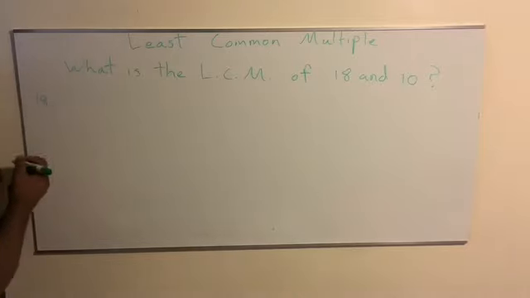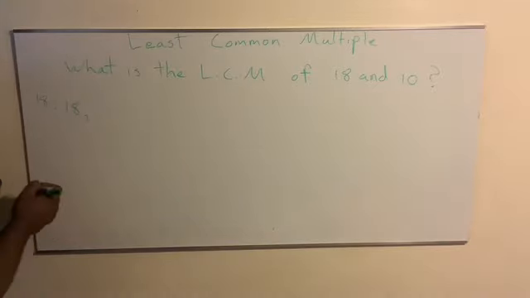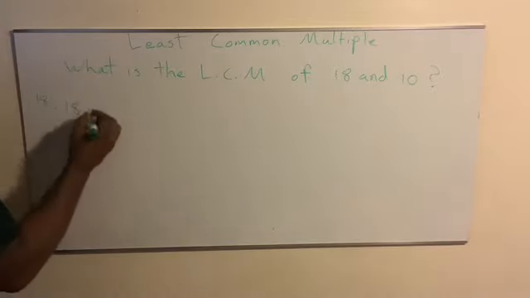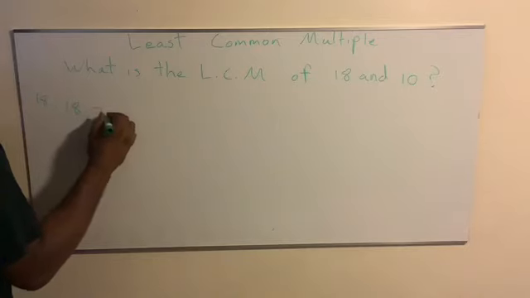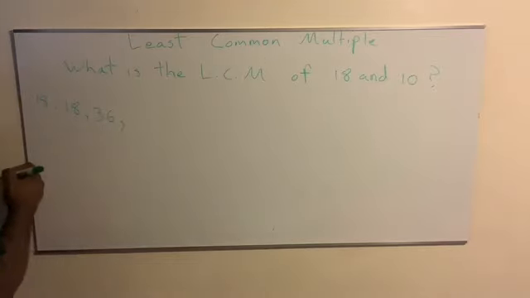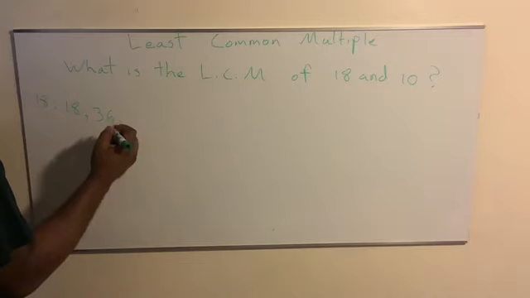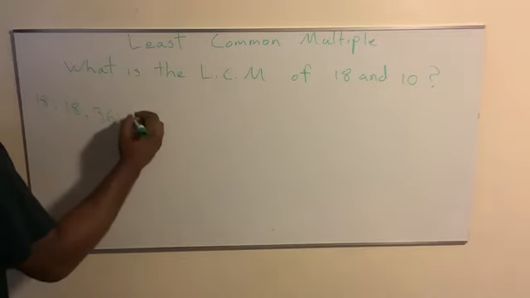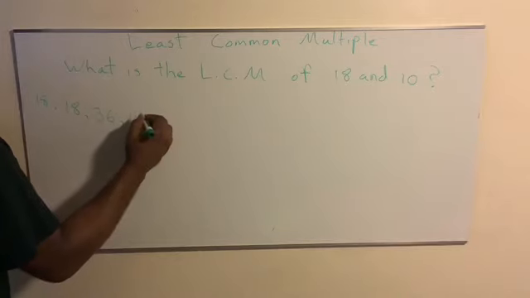Alright, 18 times 1 is 18. The next multiple, 18 times 2, calculated is 36. Eighteen times 3, we have 54.